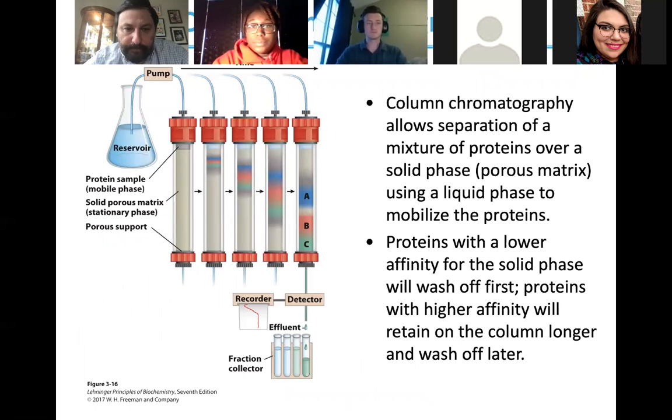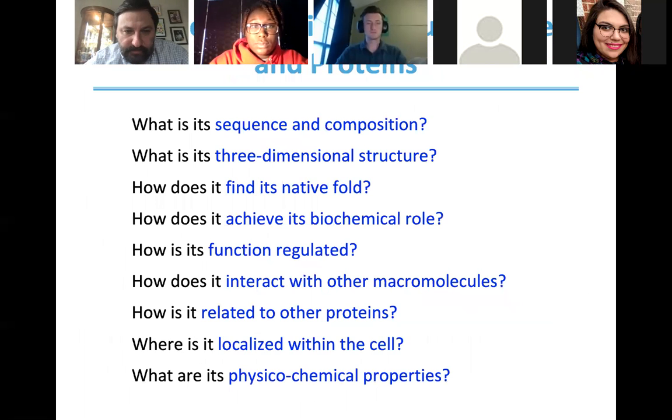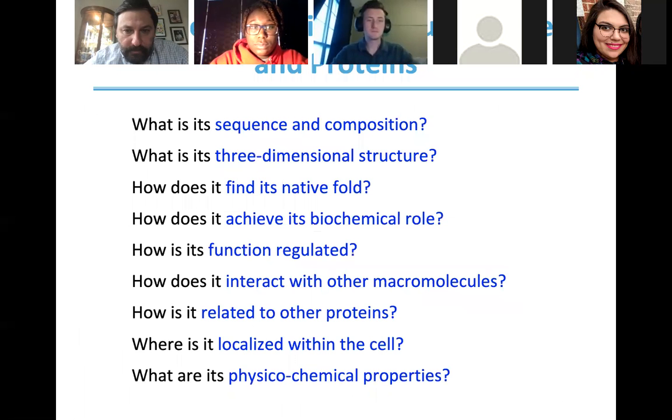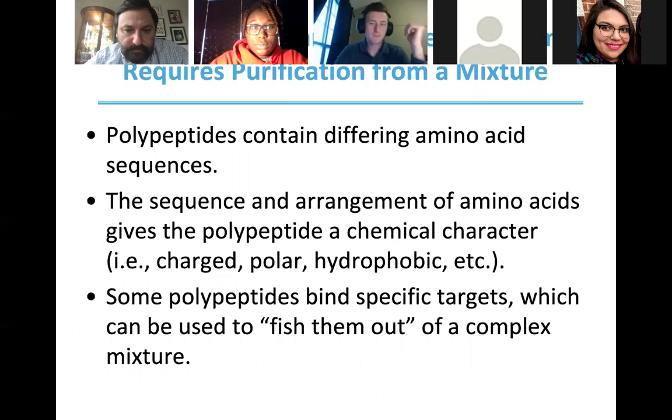So probably it's not given here, but one of the first things you normally do is apply a technique known as salting out, which is just based on solubility, right? Many proteins are water soluble, many are not. When you add salt, it becomes much more ionic.